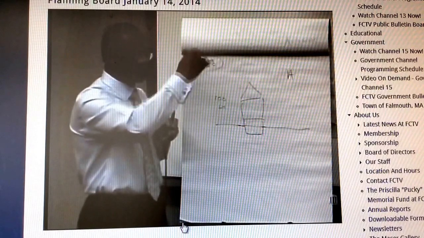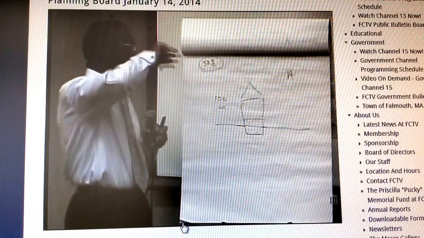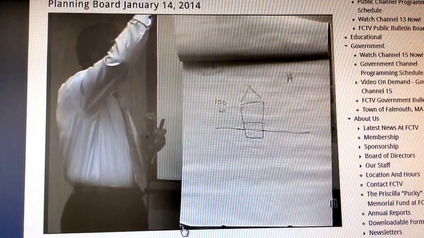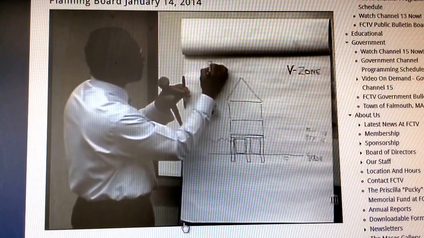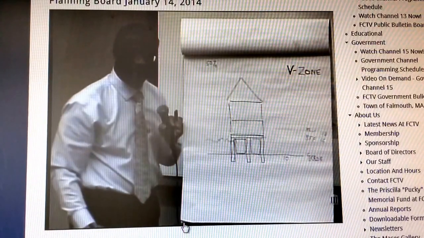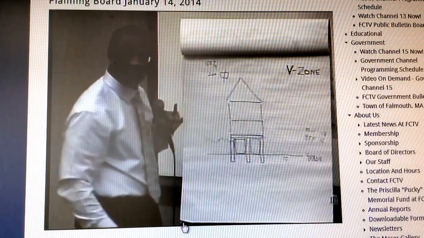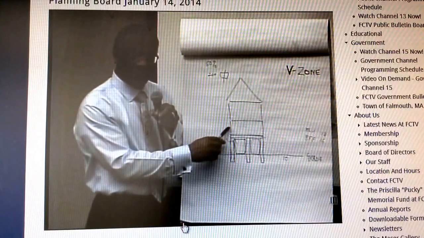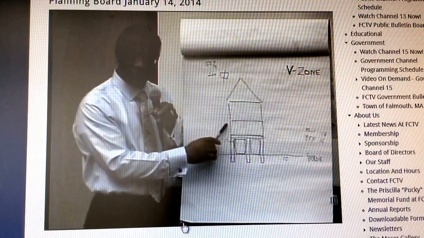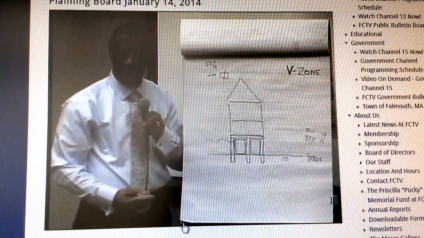And the same is true with the velocity zone, only there is one little caveat with the velocity zone, which makes it much more restrictive. And that is, you have your 50% of the assessed value, but we also have a 200 square foot restriction, which says that if you add or create habitable space of 200 square feet in a velocity zone, it is the same as substantial improvement.